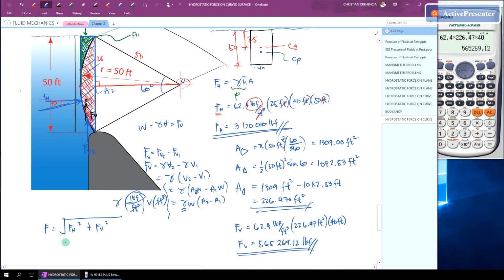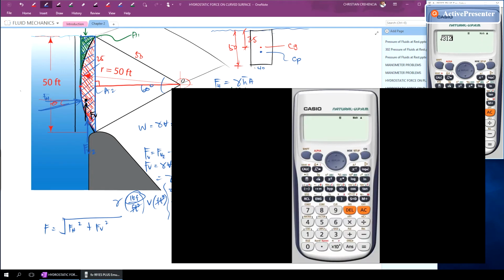So diretso ko na lang sa calculator na yung mga values. Okay, so that is the square root of 3120000. Okay, so squared plus 565,269.12 squared.